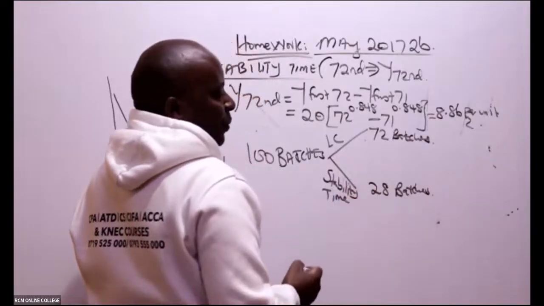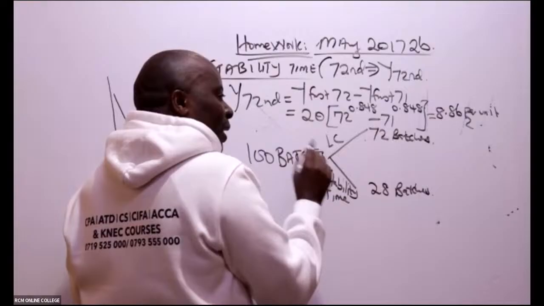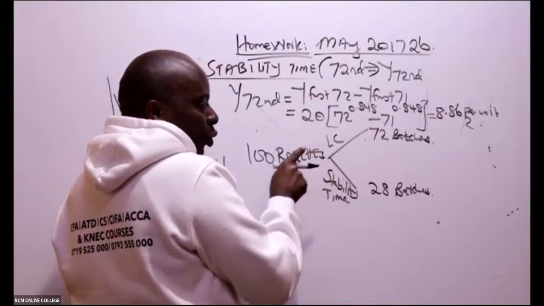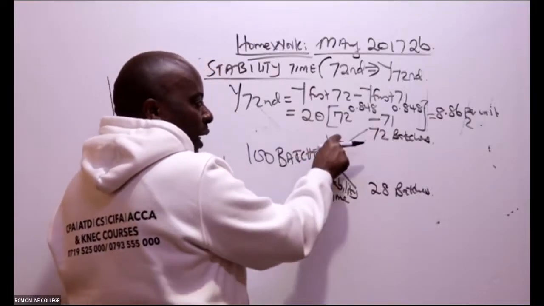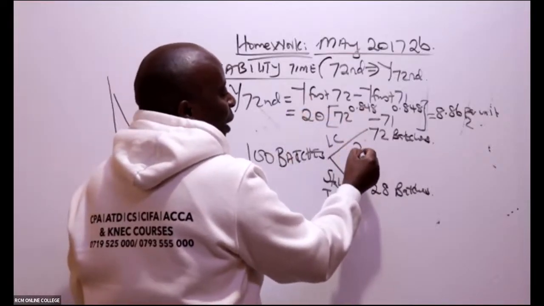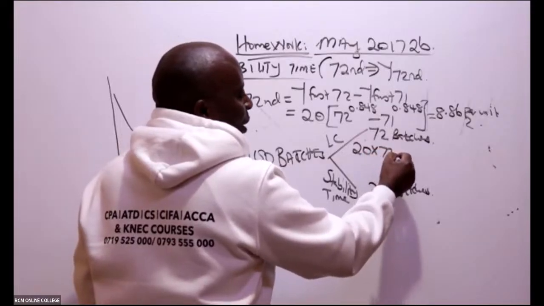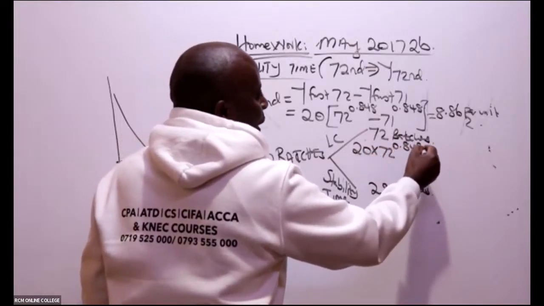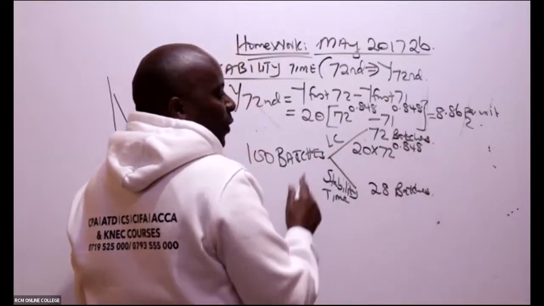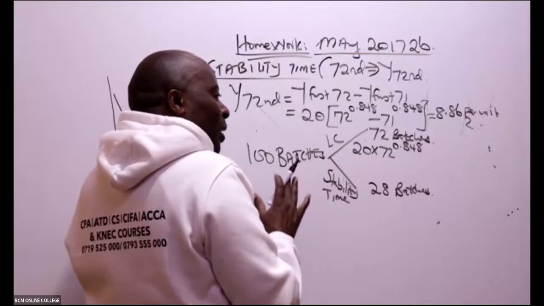Now remember, the first 72 batches, we are using the learning curve equation to estimate. So we're using LC, and our LC equation is 20 times X, which is 72, raised to 0.848. So the first 72 batches, we are enjoying learning curve.